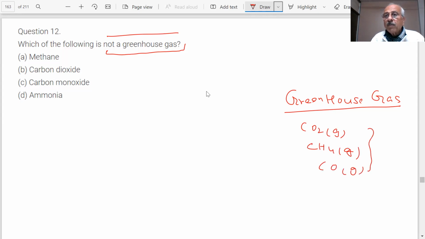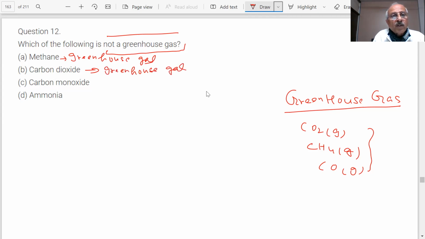They trap the heat radiations and do not allow them to go out of the atmosphere. Then which one is not a greenhouse gas here? Ammonia. This is a greenhouse gas. This is also a greenhouse gas.